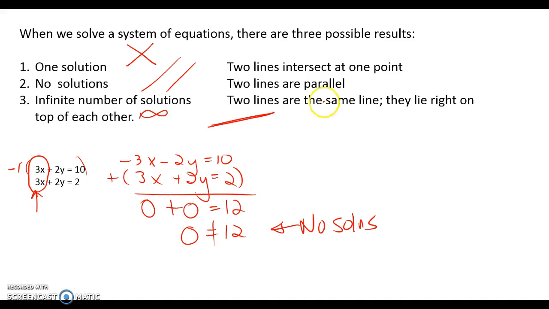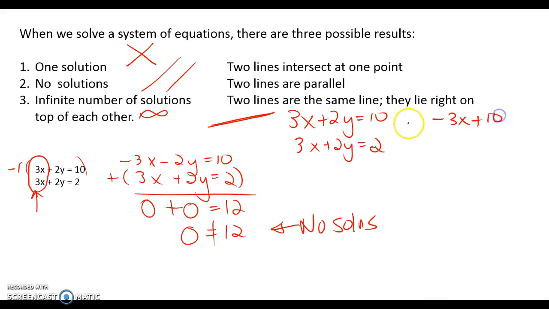So let's actually do that. We'll change them into y equals mx plus b, and we'll compare. So I'm going to subtract over negative 3x, plus 10, and I'll divide by 2. That's that line. And I'll do the same thing here: negative 3x plus 2, and I'll divide by 2.